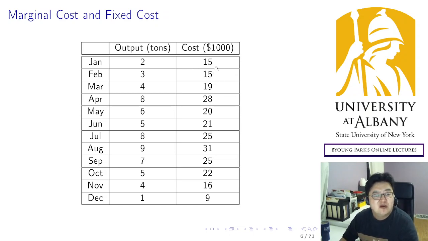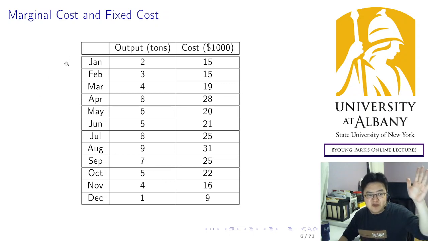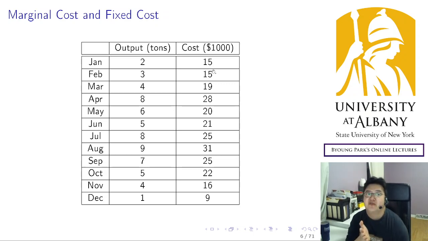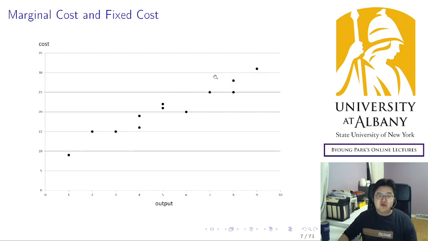So what you observe is 12 observations on two variables. 12 observations mean 12 months, and the two variables are the amount of output and the total cost in each month. But what we do not know is the underlying marginal cost and the fixed cost. That's what we want to know.